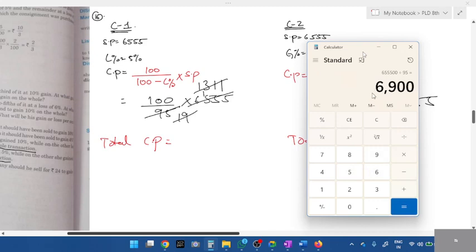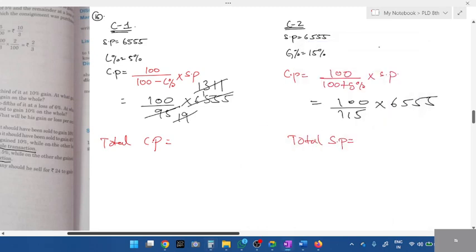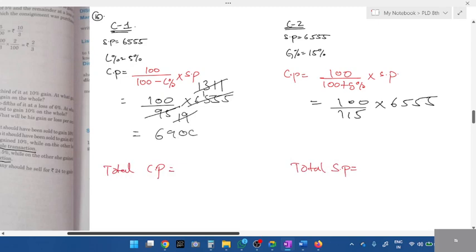Is it 6,900 cost price for first one? Yes, try the next one. Total selling price 6,555.